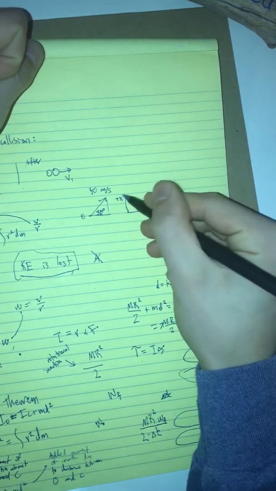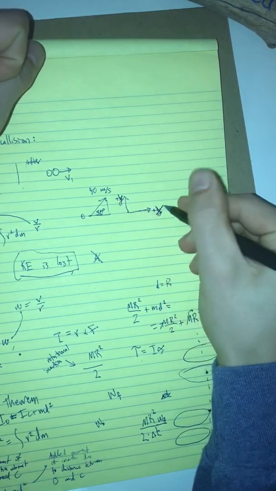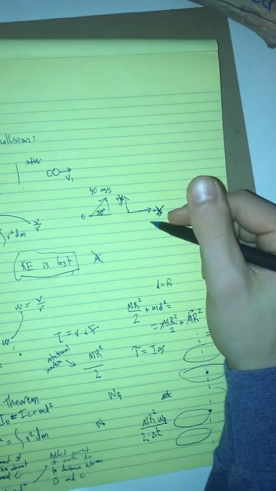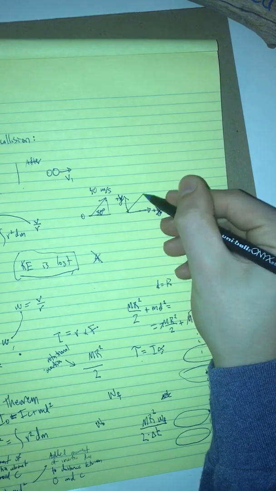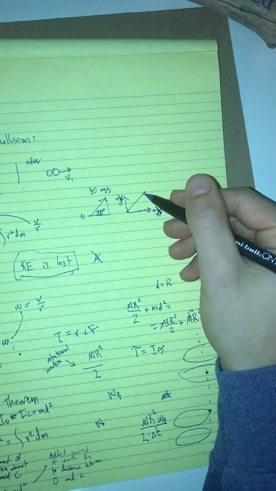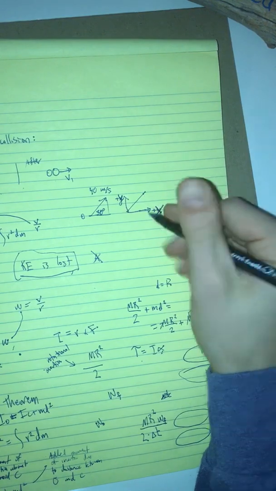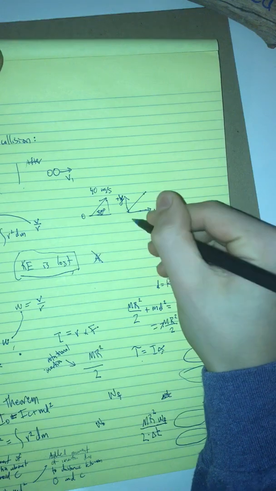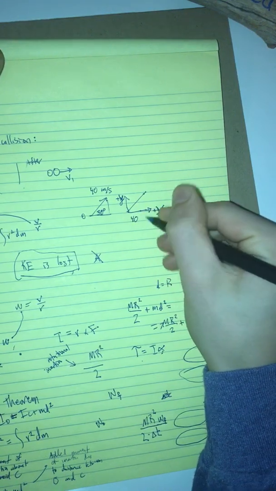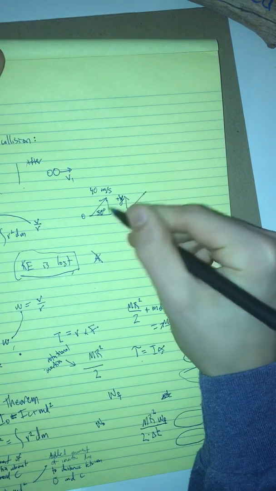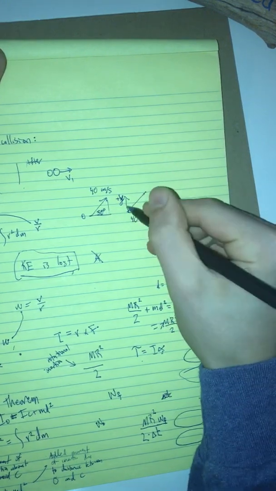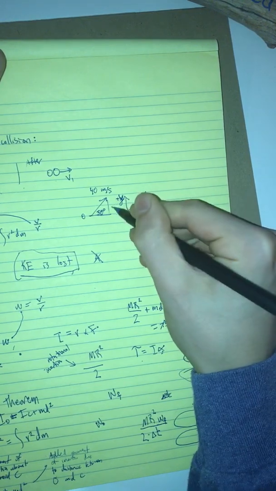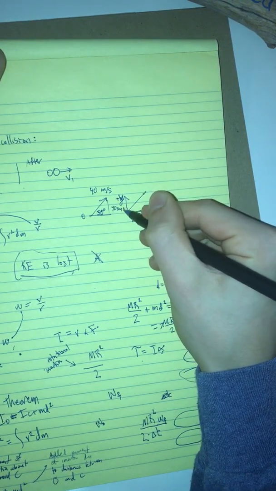This is the positive y direction right here, and this is the positive x direction down here. So for the positive x direction, it would be 40 cosine of the angle, which is 30, and in the y direction, instead of cosine, it'd be sine. So 40 sine of the angle, which is 30 degrees.